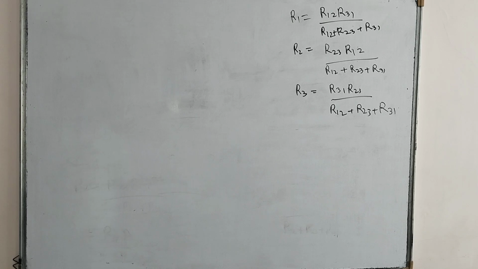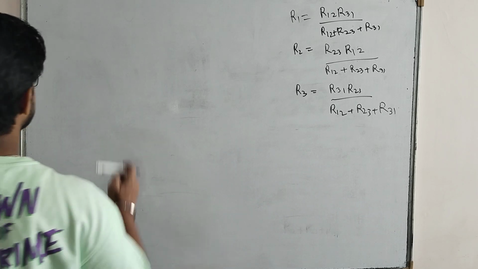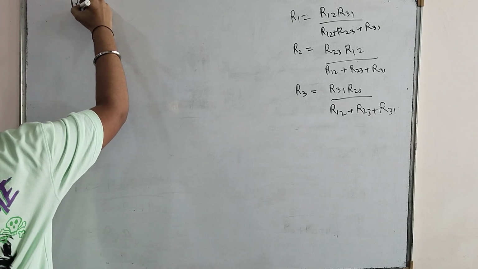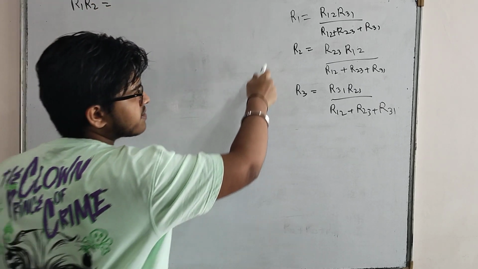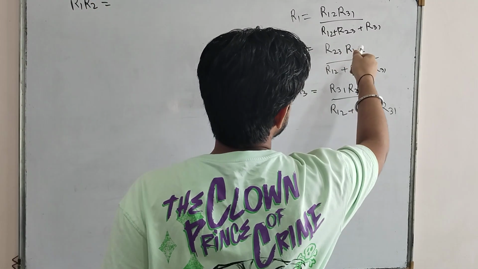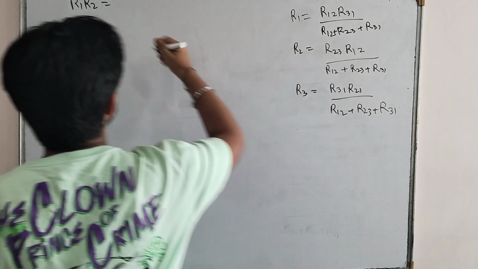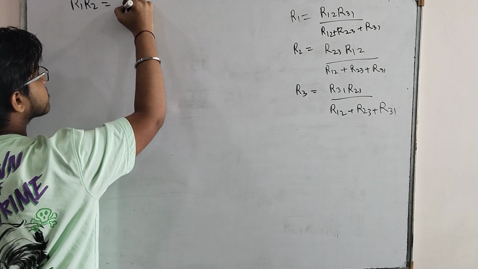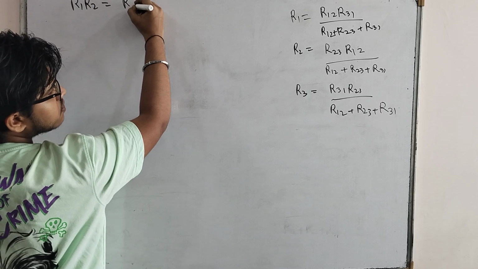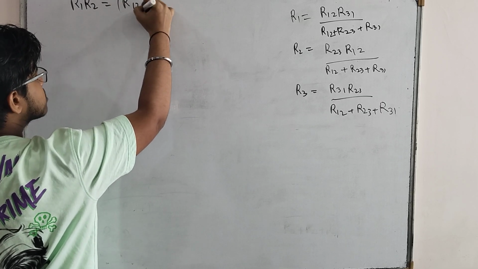So first we will multiply R1 and R2, then we will get R1 R2 is equal to, multiplying these both terms, R12 square.